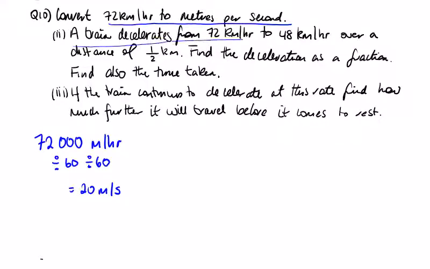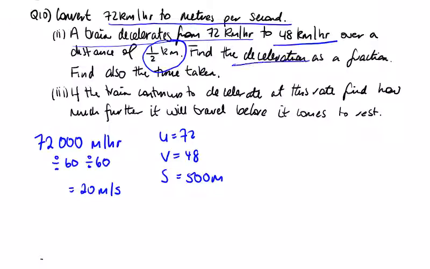Now we're told a train decelerates from 72, my initial velocity is 72, to 48, my final velocity is 48, over a distance of half a kilometer. So my distance, I'm going to write in meters, 500 meters. We're asked to find deceleration, a, as a fraction, and also the time taken, t.